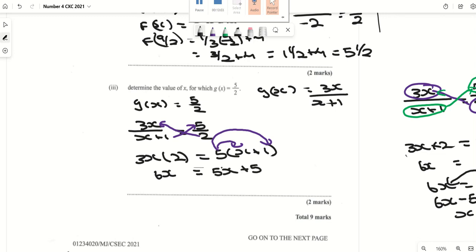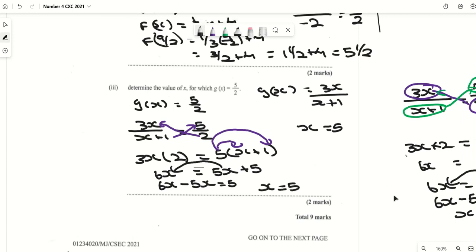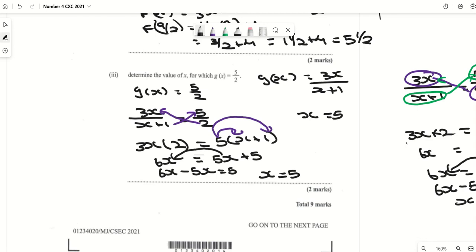Right, we make x the subject by carrying across 5x, so that's 6x minus 5x is equal to 5, right? 6 minus 5 is x is equal to 5. So my answer would be x is equal to 5. Right, and this is the end of May-June 2021, number 4.